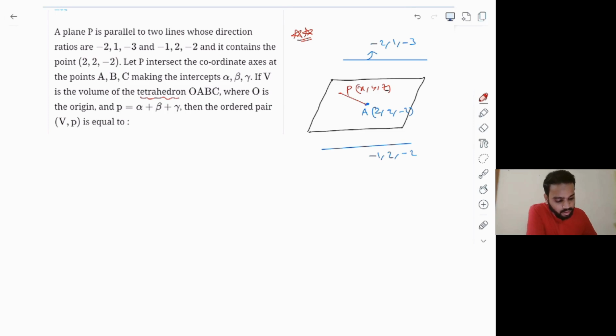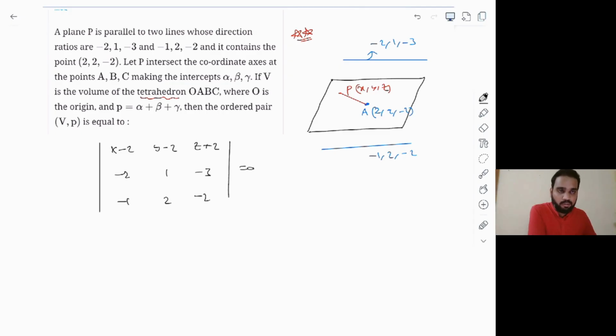Form the DRs of AP here, and then simply apply the determinant of all the three DRs that you are having here. So what are the DRs of AP here? x minus 2, y minus 2, z plus 2. And then DRs of one of the lines is minus 2, 1, minus 3, and DRs of the other line minus 1, 2, minus 2. And that is equal to 0.